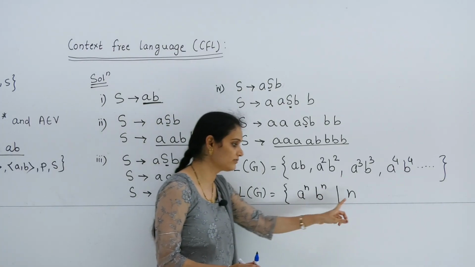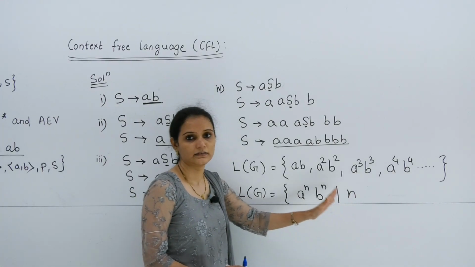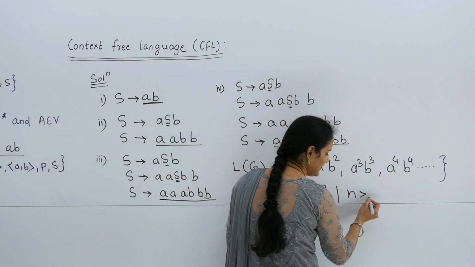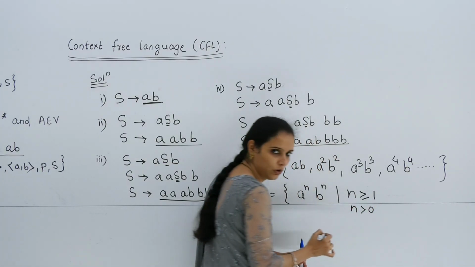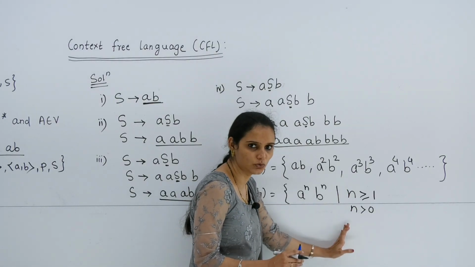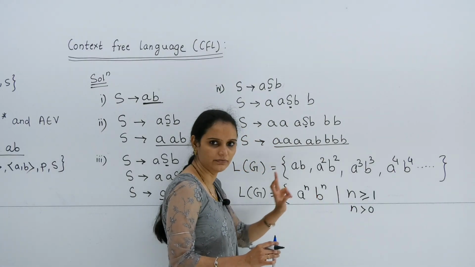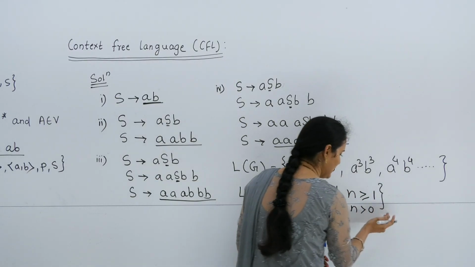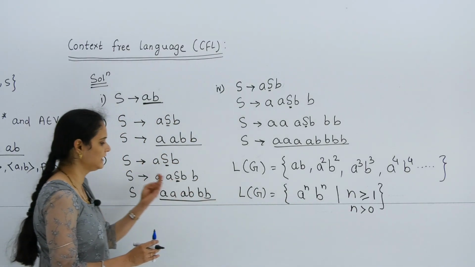The minimum value of n is 1. Therefore we can write n is greater than 0, or we can also write n is greater than or equal to 1. Both conditions we can write. N is greater than 0. Do not write equal to for 0. Here we can use any of these two conditions. Either n is greater than 0 because the value of n starts with 1, or we can write n is greater than or equal to 1. That is the language, or we can say the context free language of the given grammar.